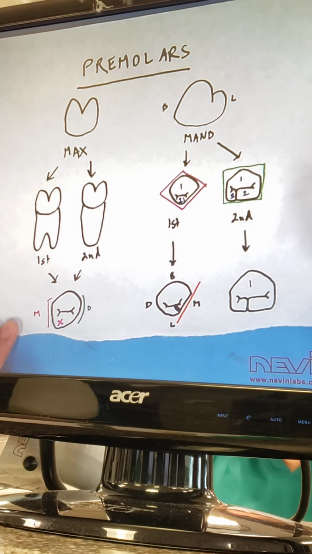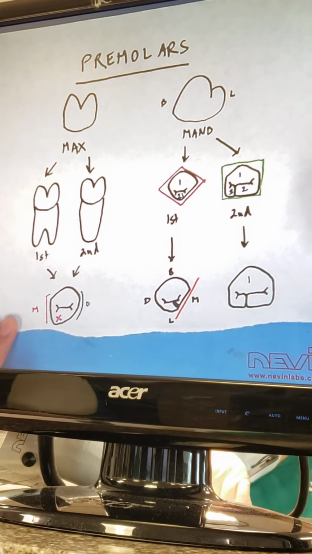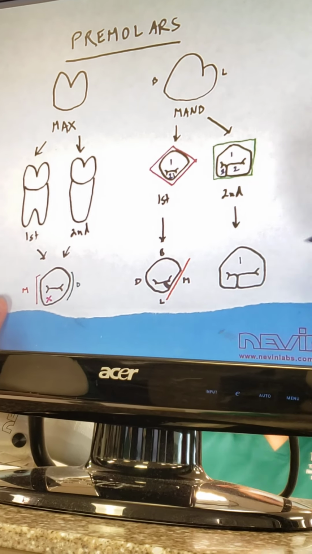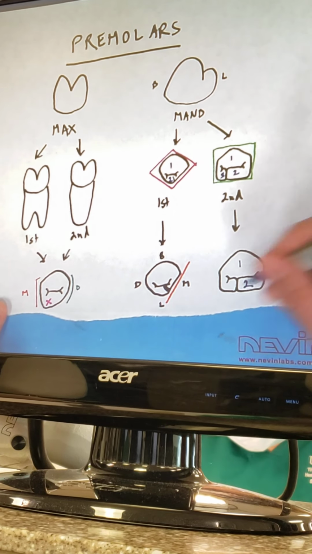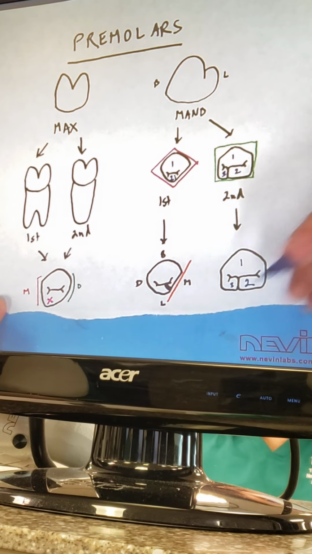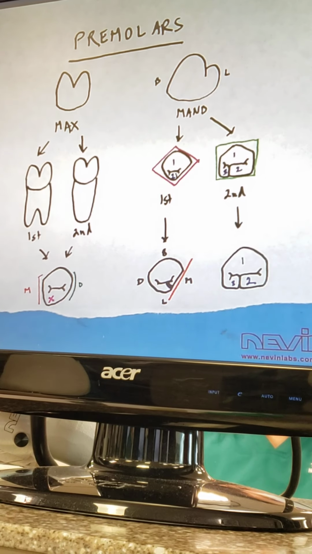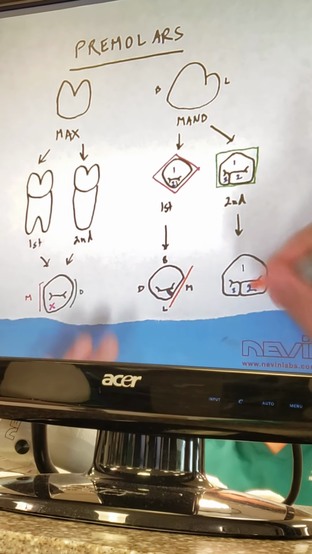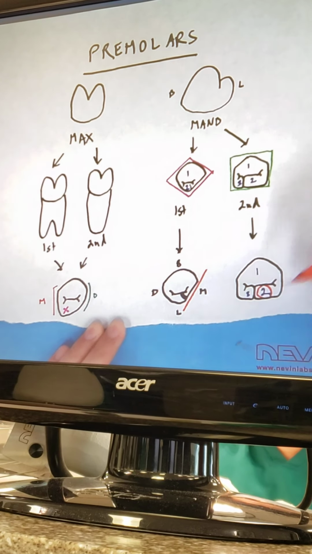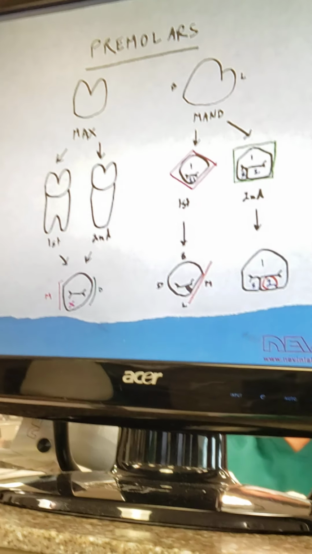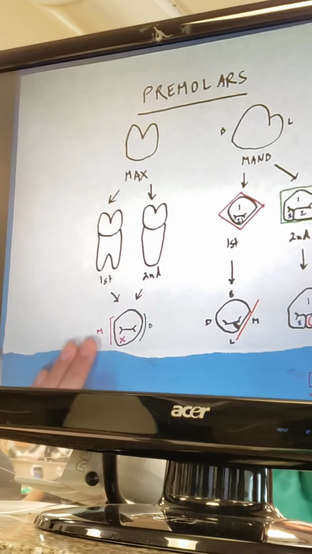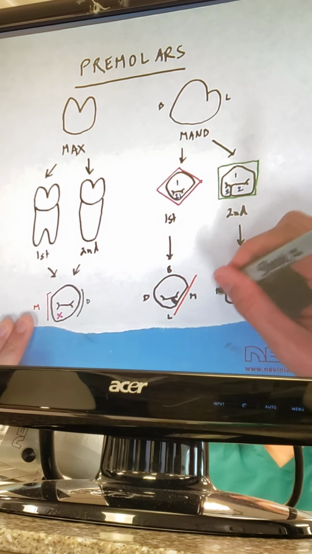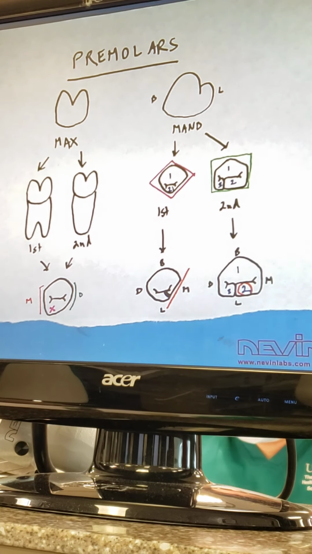Between the two lingual cusps, you know that the mesiolingual cusp is the larger of the two, correct? So whichever one of those two lingual cusps is bigger is your mesiolingual, okay? So in this case, it's this one. So now you know mesial and lingual. Now you know left from right. Does that make sense to everyone?